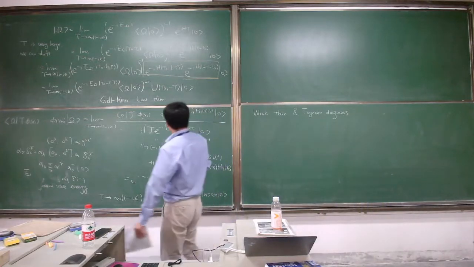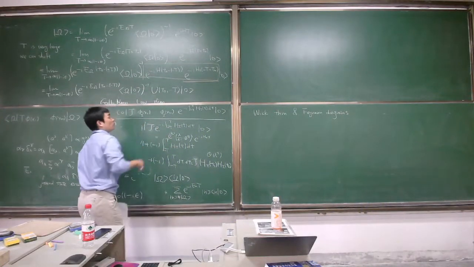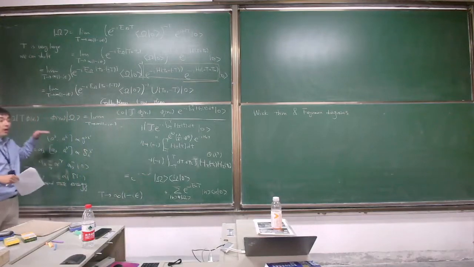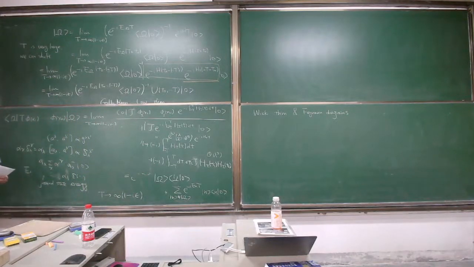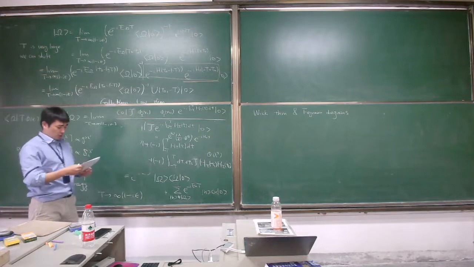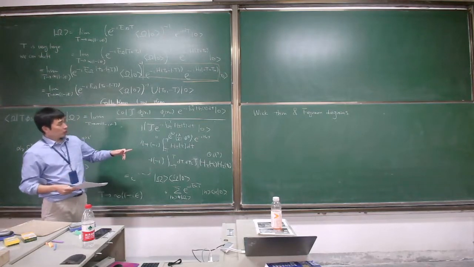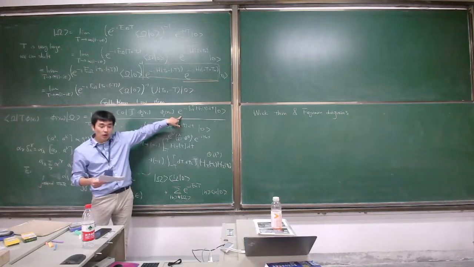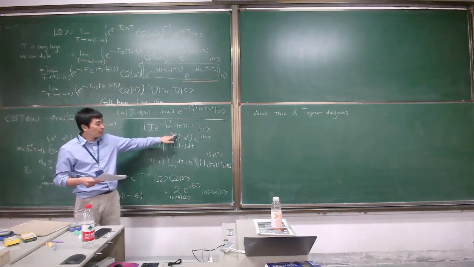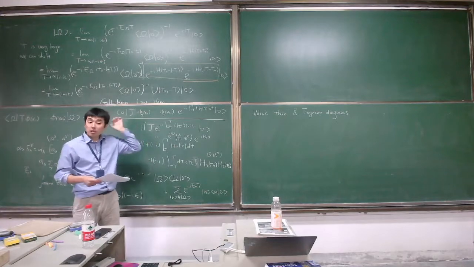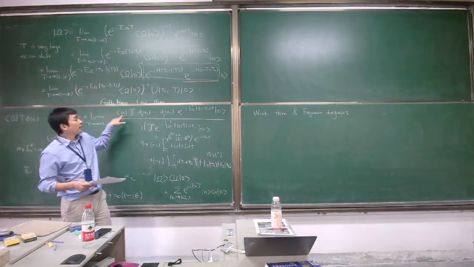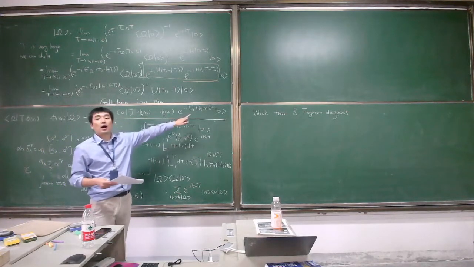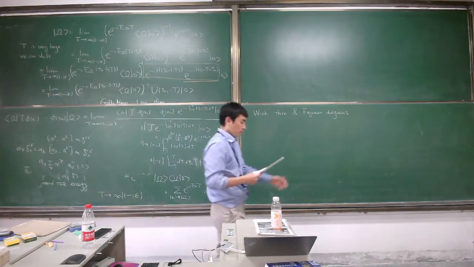As I mentioned, if you want to evaluate the correlation function in the interacting theory, what we need to do is just expand this U operator in terms of the lambda coupling constant expansion, and then evaluate the numerator.